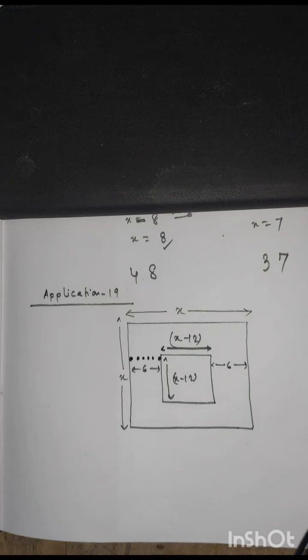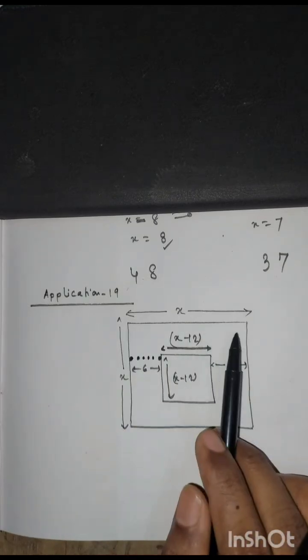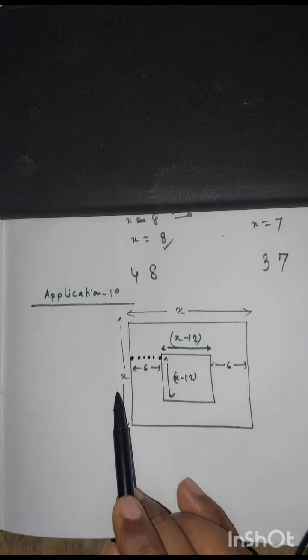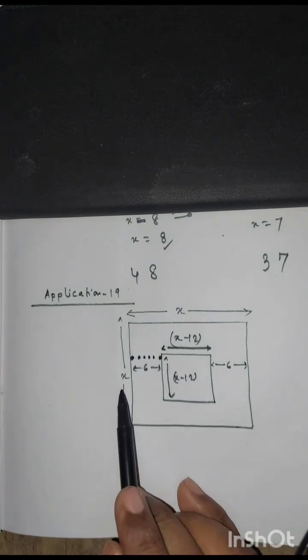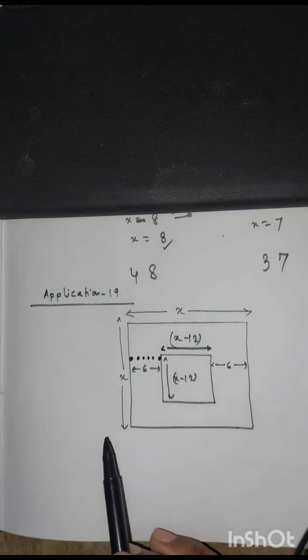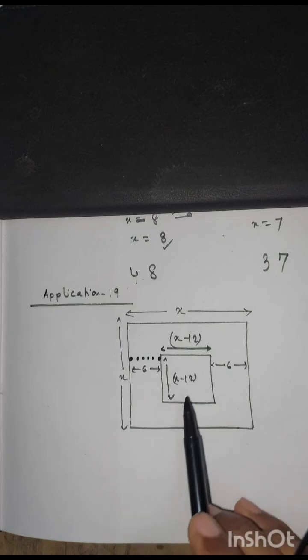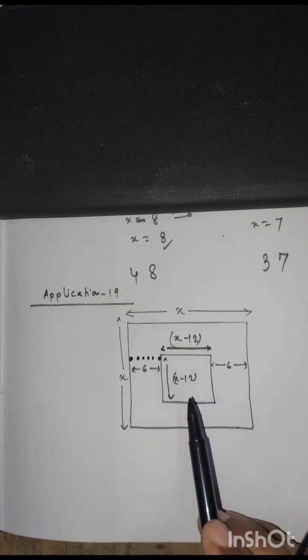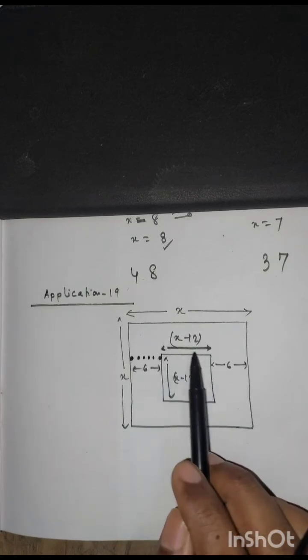So this is our question. The front row contains x number of students and one column contains x number of students, and the vacant position is of length x minus 12.